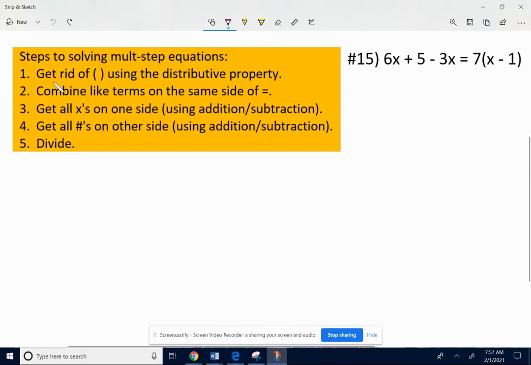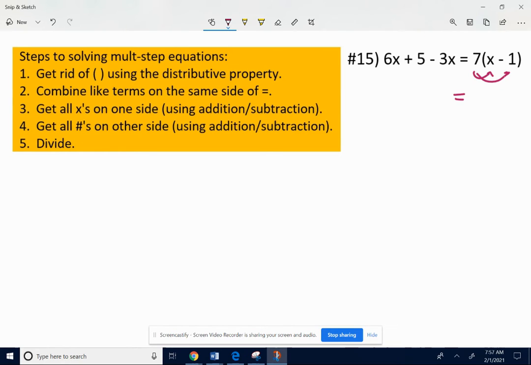First thing you always want to do, get rid of parentheses, if you have any, using the distributive property. In this problem, we have parentheses, so we need to get rid of those. The distributive property tells us to multiply the outside number to both parts.